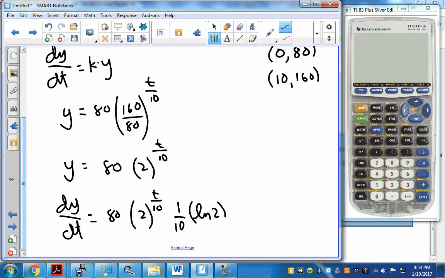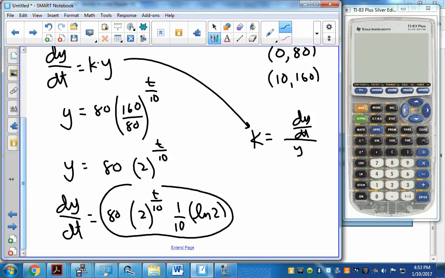So what we were supposed to do was figure out what K was. So from here, K is going to be the derivative, right? dy dt divided by y. And we have the derivative right here, and we have y right there.